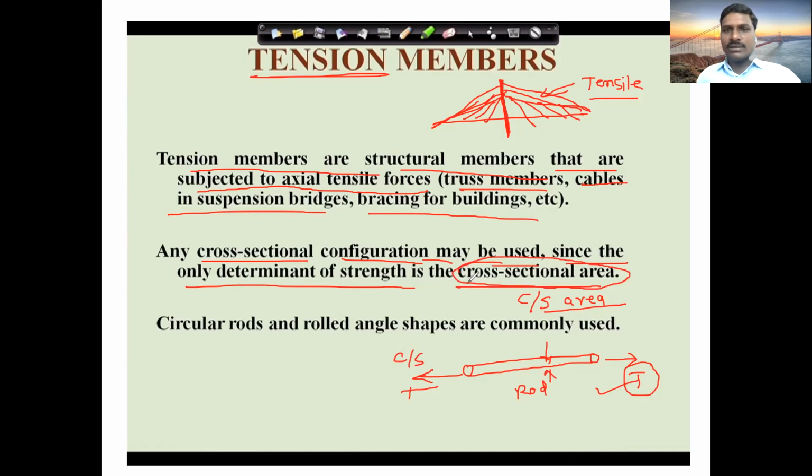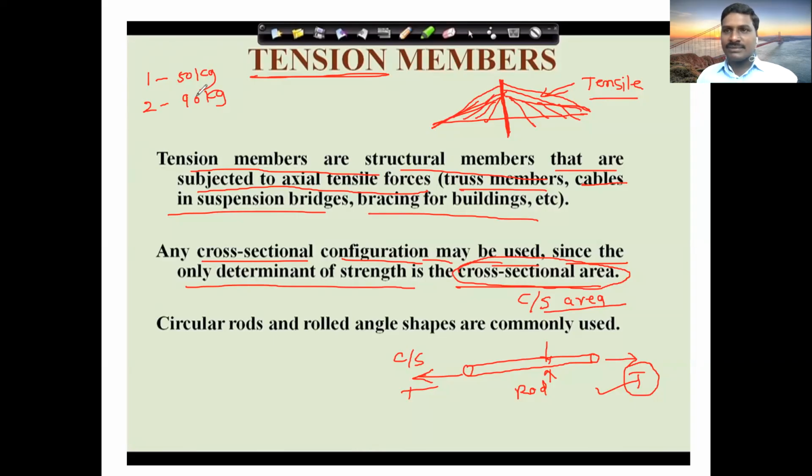See, one more example I will tell you. If one person has a weight of 50 kg and another has a weight of 80 to 90 kg, is the cross-sectional area of both people different or the same?